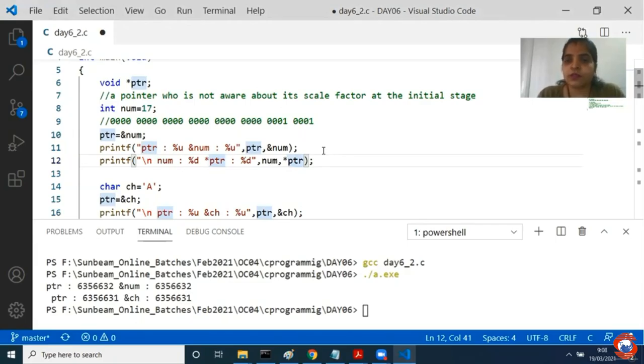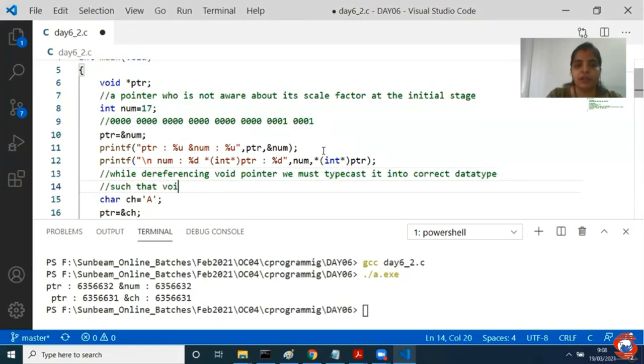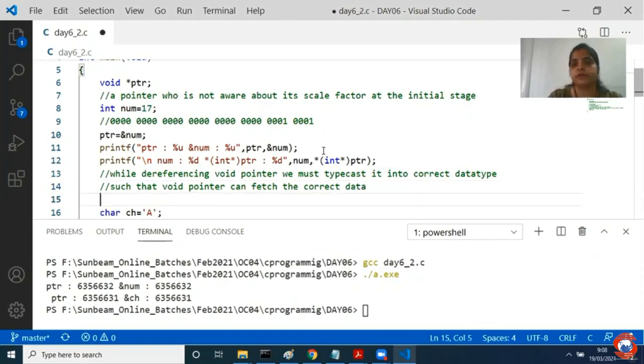No. So what is the solution for that? You need to typecast it into integer pointer. इससे क्या होगा? अब जब मेरा void pointer डेटा फेच करेगा वो 4 बाइट्स का डेटा फेच करेगा. So the rule is compulsory while dereferencing void pointer, we must typecast it into correct data type such that void pointer can fetch the correct data.